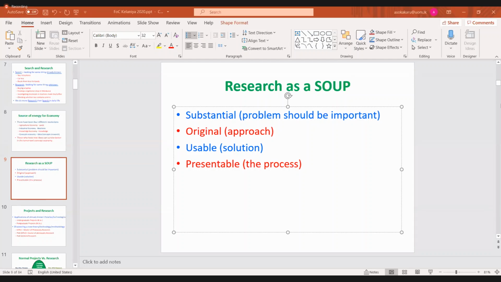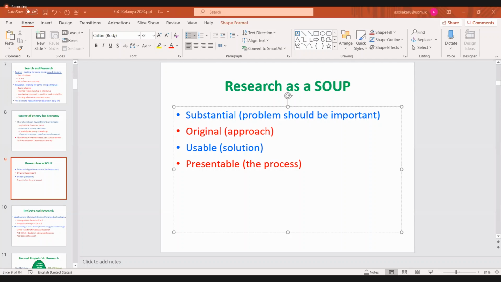Almost one century. So when you develop a theory, don't expect to see its application very soon. Therefore, usability is not a very good criterion for research.